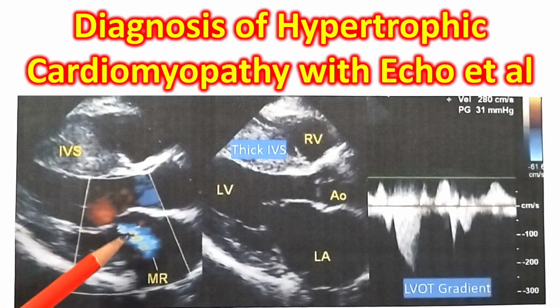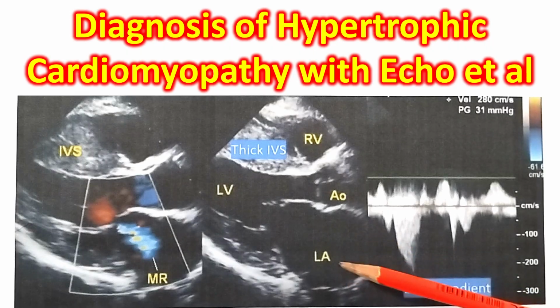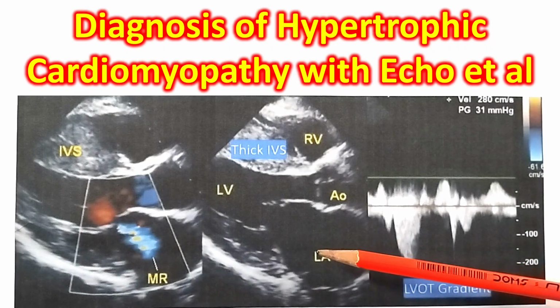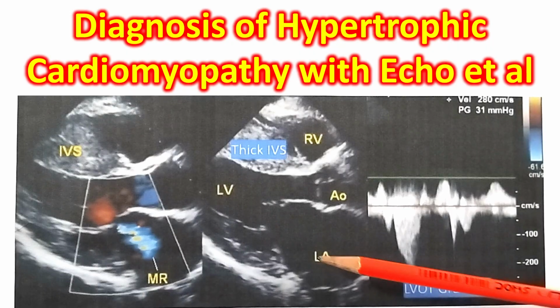Here you can see a mitral regurgitation jet, which is rather common in the hypertrophic obstructive variety of HCM. Left atrium is dilated due to the increased left ventricular end diastolic pressure.